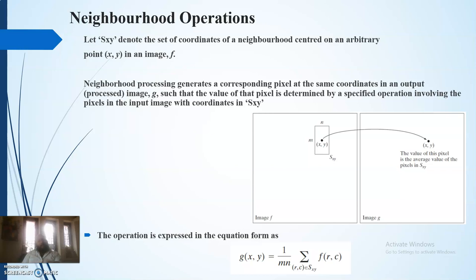We carry out some changes and we get the output. Here the operation can be expressed with the following equation: how the output will be computed based on the region of pixels.